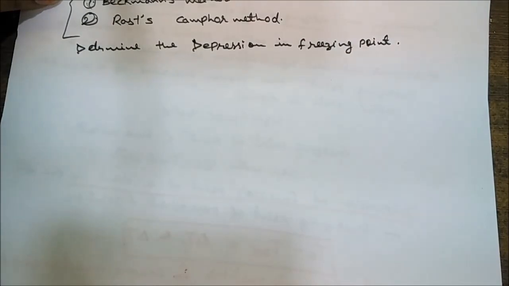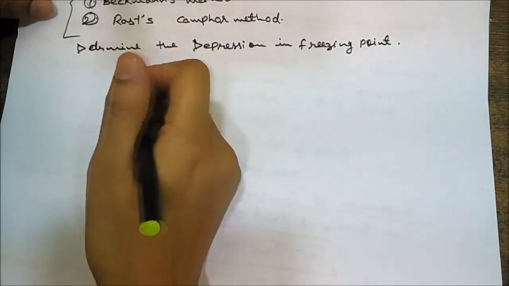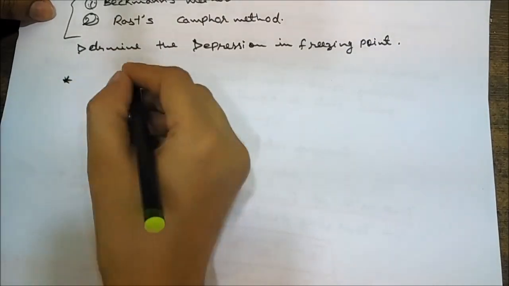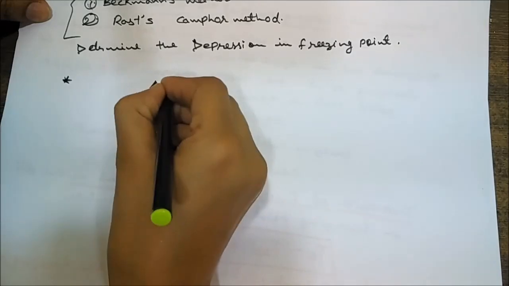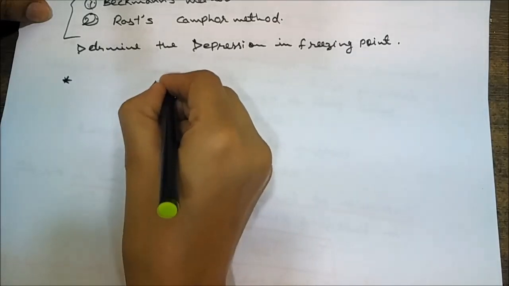Now the factors, how we can calculate the depression in freezing point. Depression in freezing point is directly proportional to the lowering of vapor pressure.